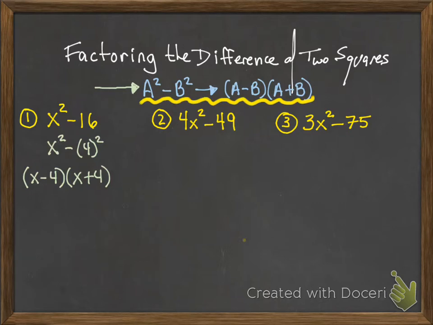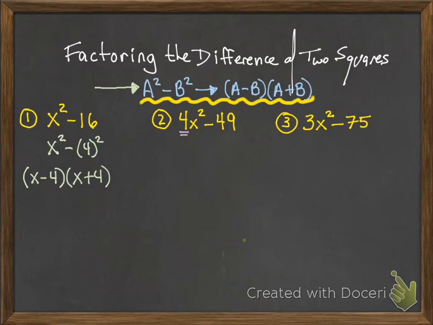And you may have a coefficient in front of the x squared, like for example this 4 right here. But we just have to remember that we're looking for perfect squares, and we know that 4 is a perfect square and 49 is a perfect square.